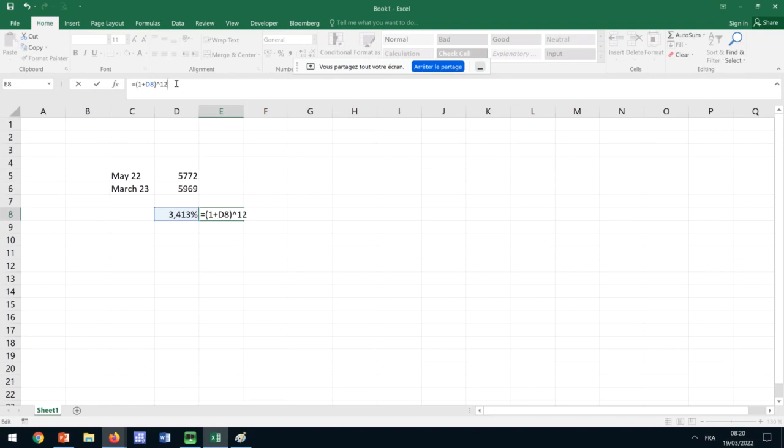So we would have exponential 12 over 10. This will give us the equivalent annual rate from a 10 month rate. So it's 4.1%.